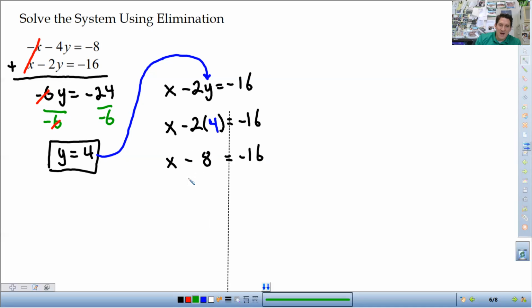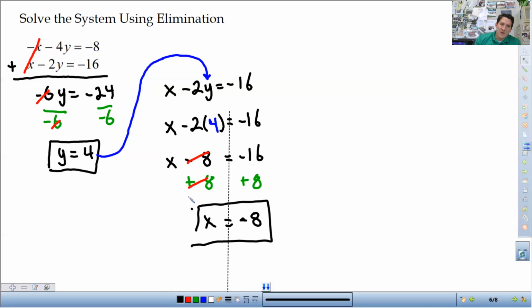Then minus 8, so the opposite of subtracting 8 is adding 8 to both sides. So minus 8 plus 8 cancels out. Then I have x is equal to negative 8. So now when I write it as an ordered pair, x is negative 8, y is 4.